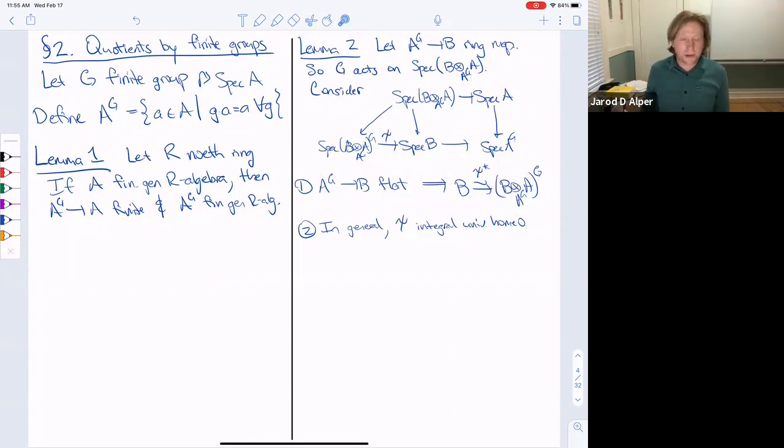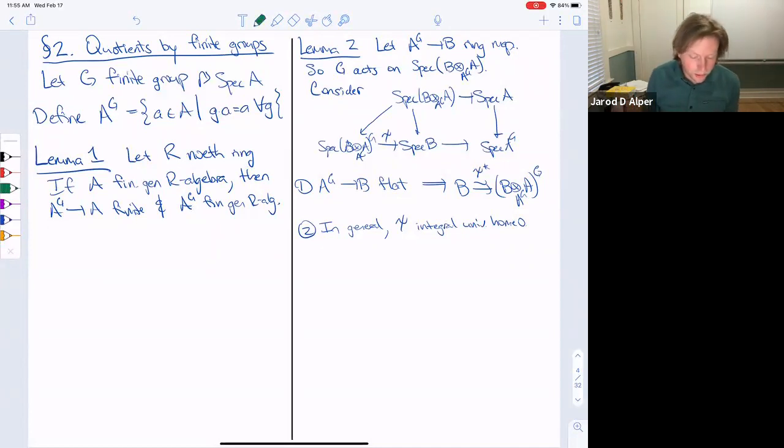We're after understanding its properties, which is what these two basic lemmas establish. In this first lemma, we fix a Noetherian ring R, and we assume that A is finitely generated over R, then this morphism is finite, and the invariant ring itself is finitely generated.